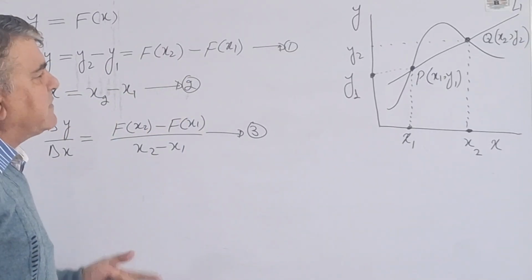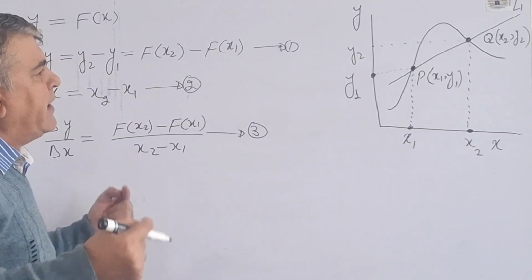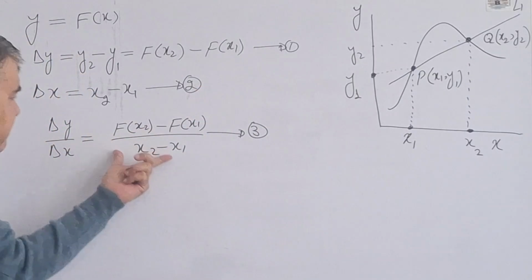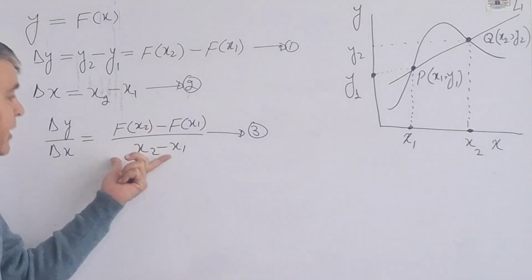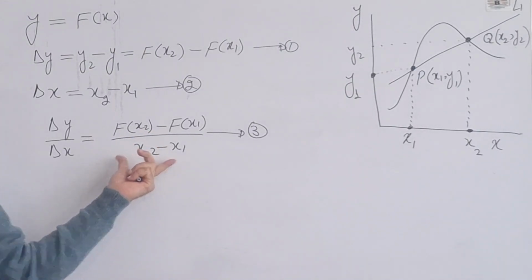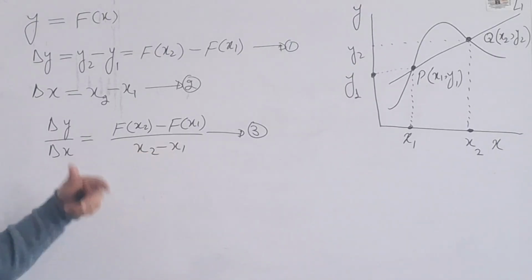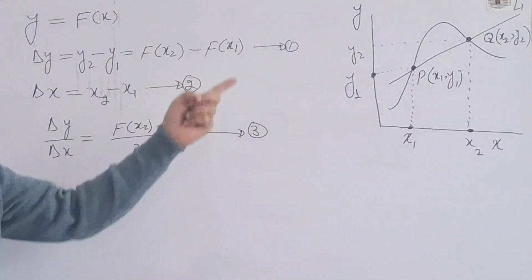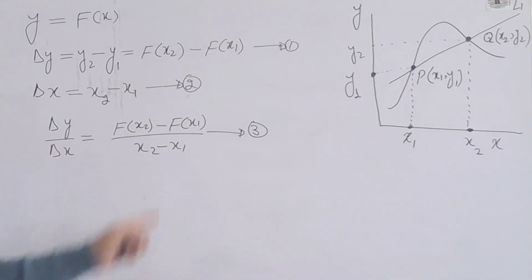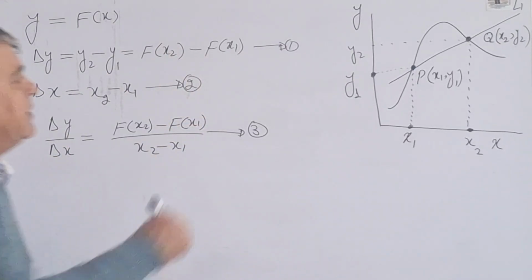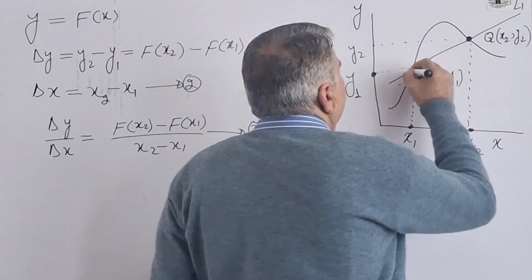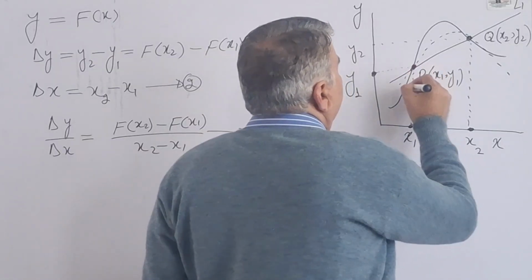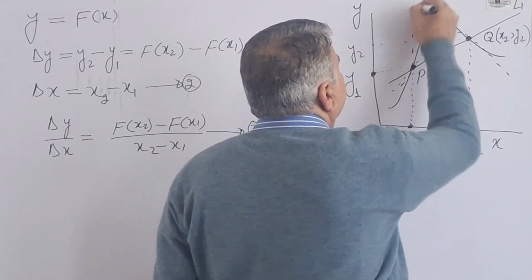And this is a single piece of information, very limited, say very little about the curve. This equation is unable to differentiate between the curves, rather I would say between the infinite number of curves that pass through two points P and Q. For example, if I take a curve like this, then I take a curve like this.